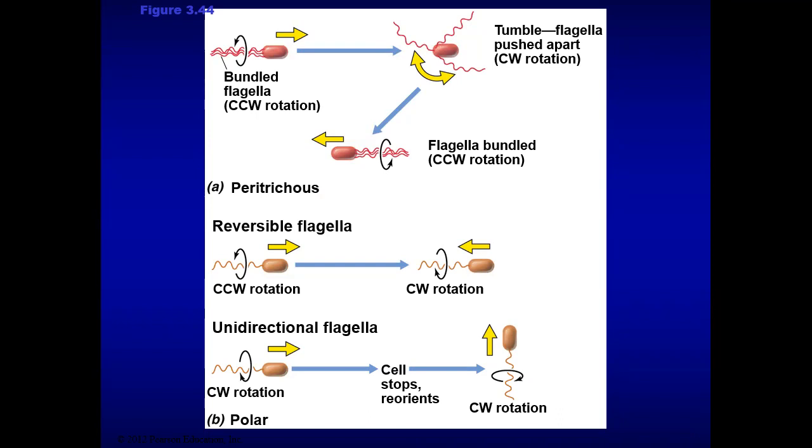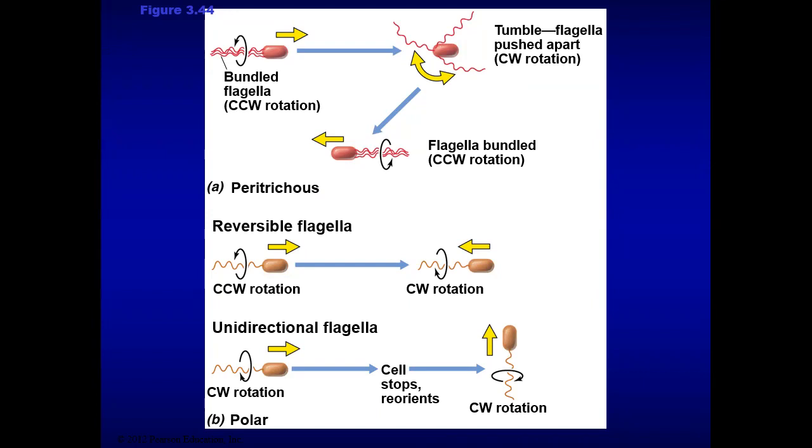It's going counterclockwise. And then at some point, maybe the bacteria senses it needs to shift direction. And so it will cause the flagella to fly away from each other, move away from each other very abruptly, and it stops the cell. They'll stop moving, and then they can reorient.